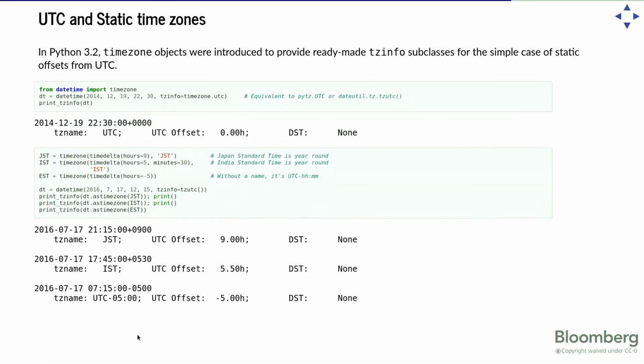That said, if that's all you need, UTC and static offsets, then after Python 3.2, the standard library implemented a basic time zone tzinfo implementation that does both of these things. So you can just use timezone.utc, and they also have timezone, where the arguments are reversed, but it does essentially the exact same thing. So maybe you can avoid a dependency on dateutil if that's all you need.